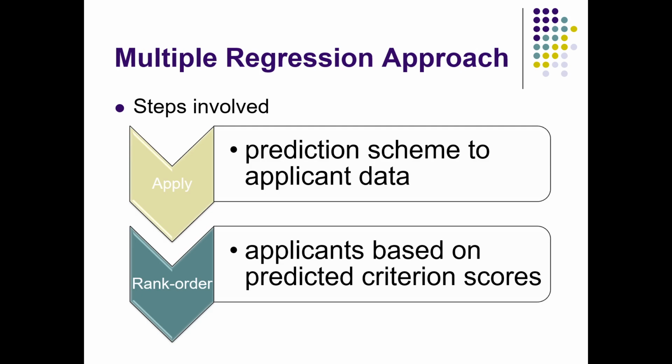Once we've done that, then we rank order our applicants based on the predicted criterion score. So we'd say, well, this person's predicted to be the most successful in this job, so they would get number 1 ranking among the applicants. This person, the prediction is that they would not do very well in the job, so they're going to be at the bottom of our rank ordering.